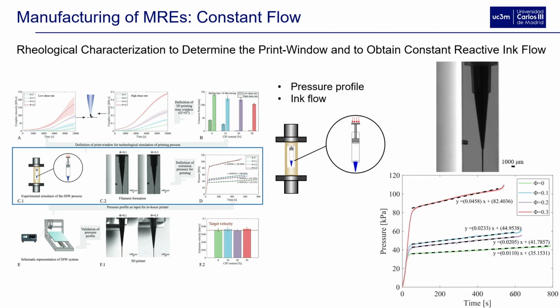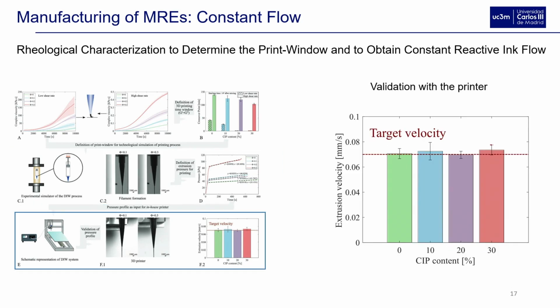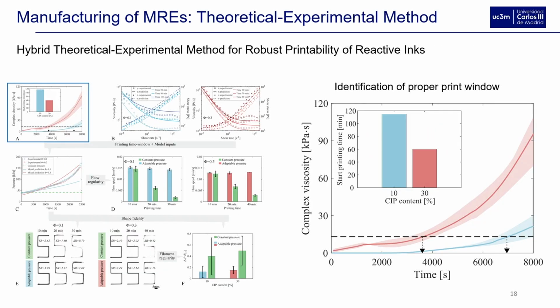So we are able to generate a pressure profile for that material, for that given flow rate, and introduce it to the printer and validate that it effectively recreates the constant extrusion velocity that we impose with the universal testing machine for several conditions of MREs.